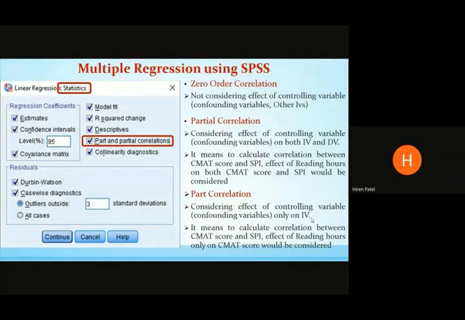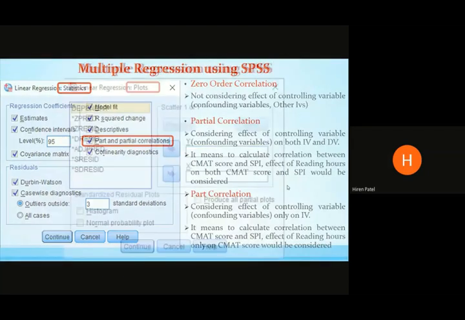Here you can cross-verify the effect of reading hours on CMAT and SPI, as well as just the effect of reading on CMAT. This is helpful, especially if you are thinking about adding or removing any independent variables. So that was about statistics.